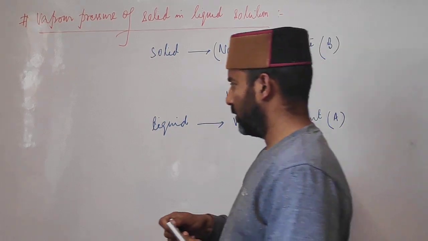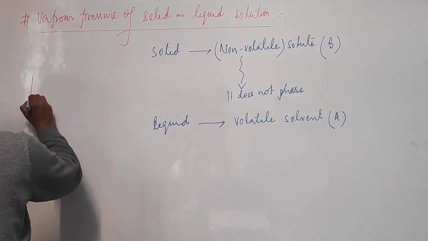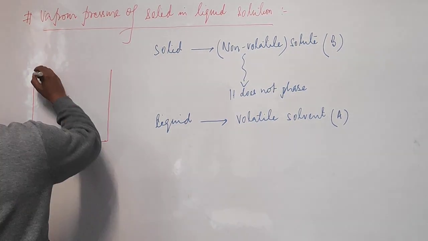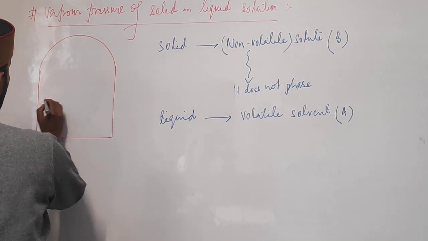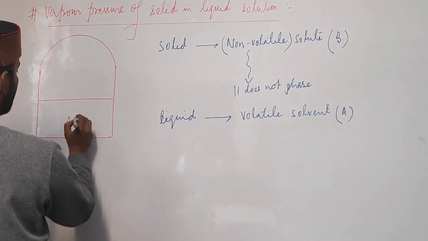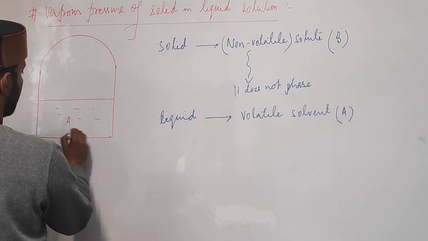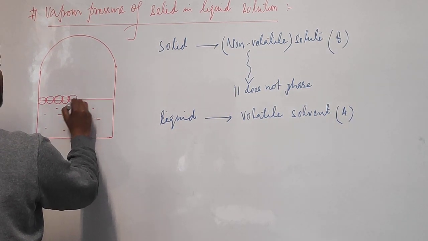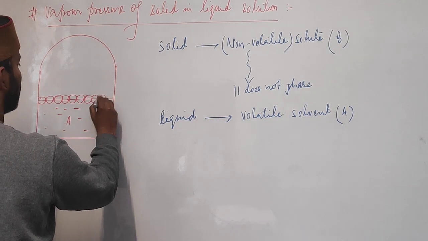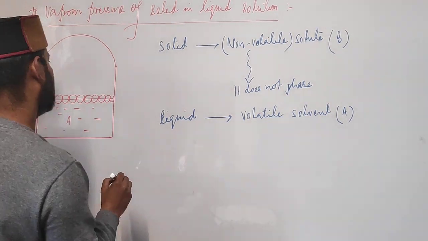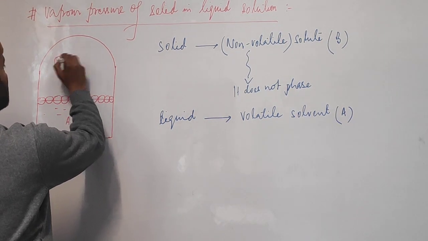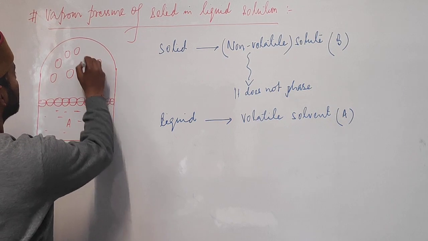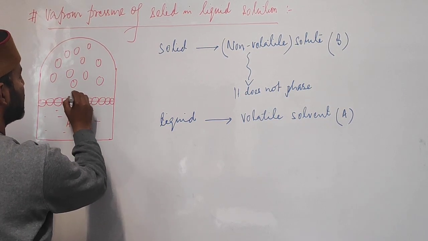So students, एक बात मैं clear कर दूं, that suppose if this is a closed vessel and this is the volatile liquid A, students, at any given temperature in pure state we have only molecules of A which are forming vapors, and at some stage there exists an equilibrium between the molecules in vapor phase and those in liquid solution.